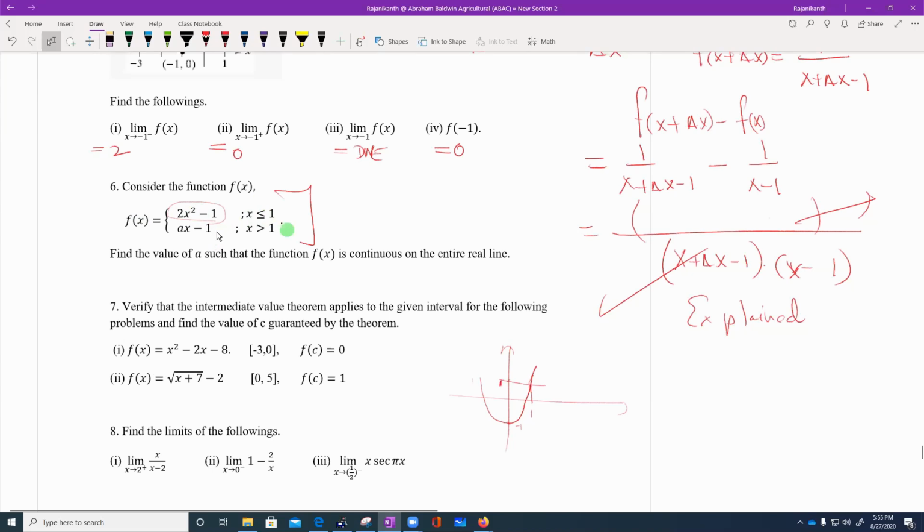That means they are saying to draw only the quadratic piece for x less than 1. So you don't need to draw this piece. So you have to erase. So you need to draw the picture only up to 1.